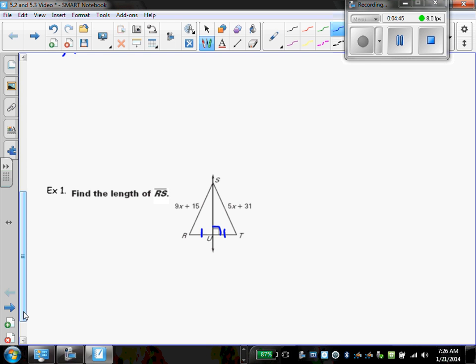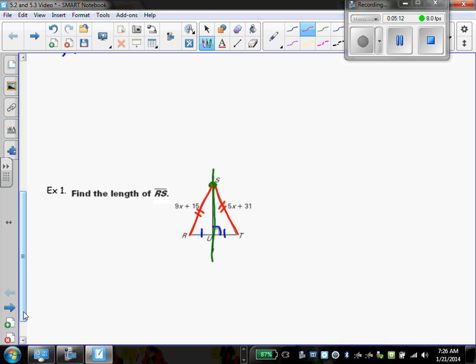Now, using our theorem, if that's the case, that means that any point along SU is going to be equidistant from RT. That includes point S. So what that means is that if we start at S and we go down this side, that's going to be the same length as going down this side. This is congruent to this.